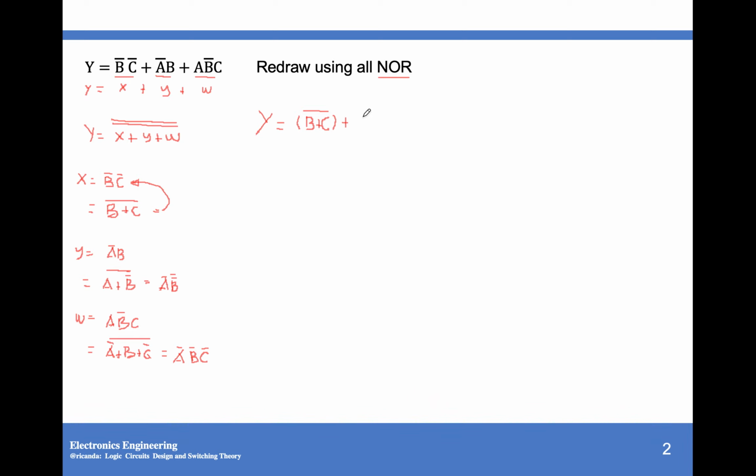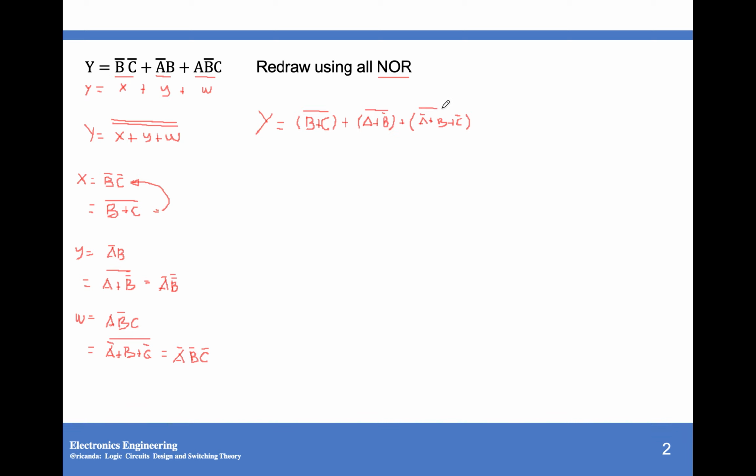Your y is equal to a or b bar, and it is OR with your third term, e bar or b or c bar.